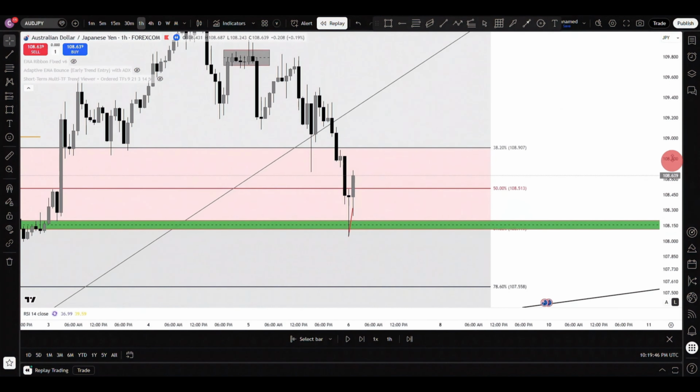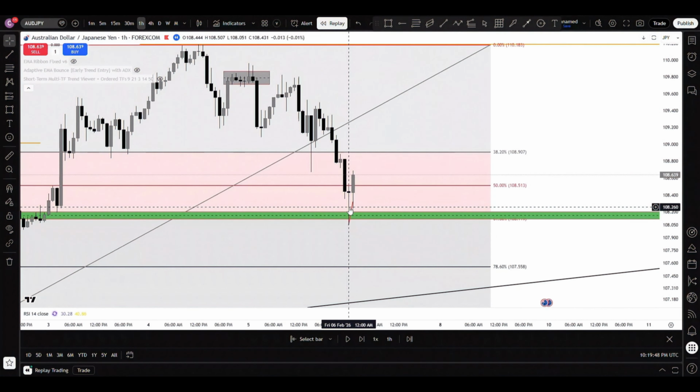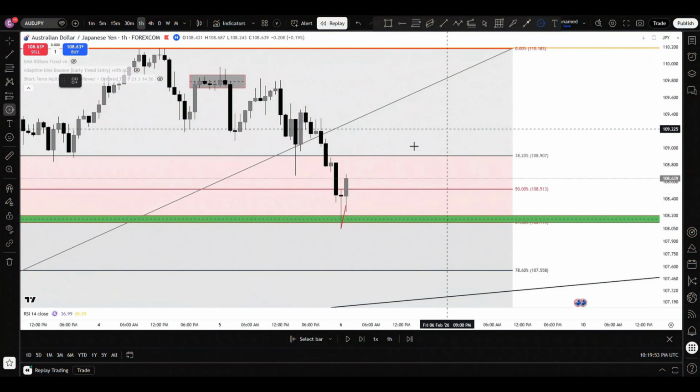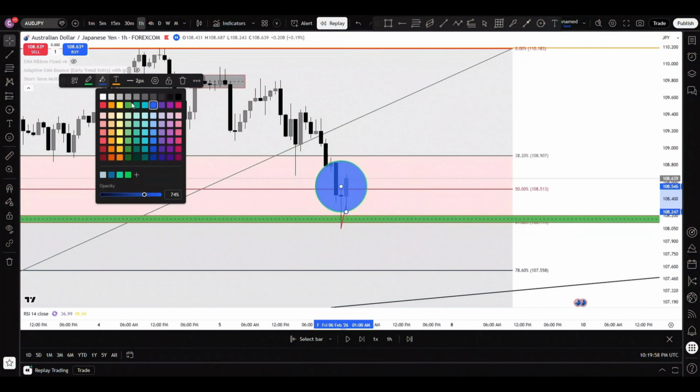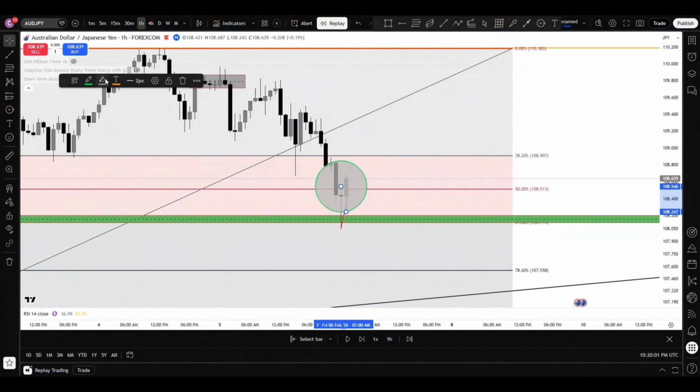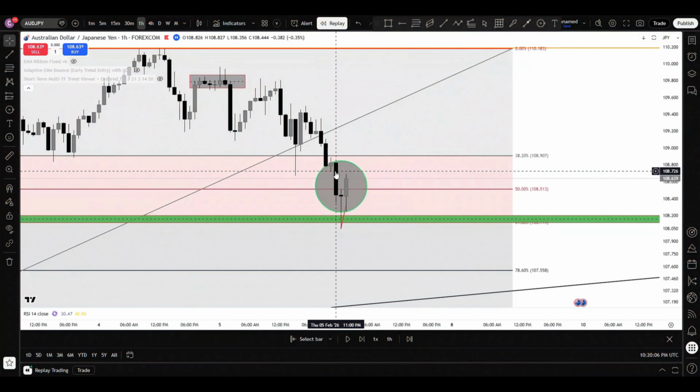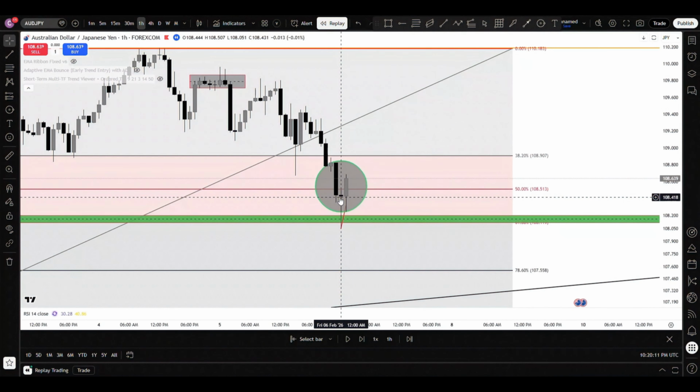On the 1-hour time frame, we have something beautiful right here. If you know your triple candlestick patterns, you would know what this is, where we have a bearish candlestick followed by a doji followed by a bullish candlestick.